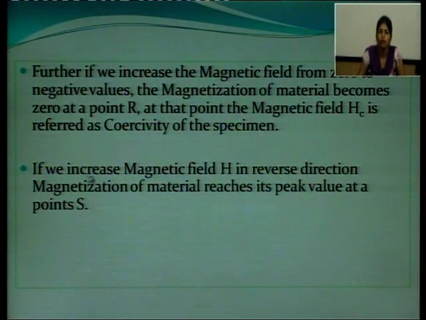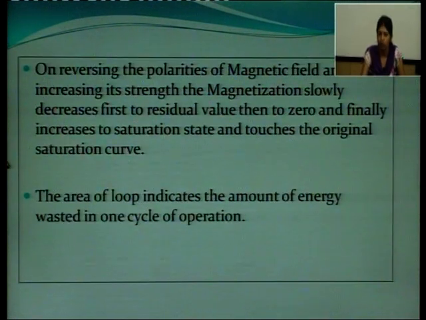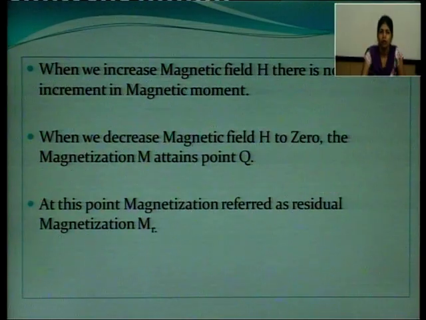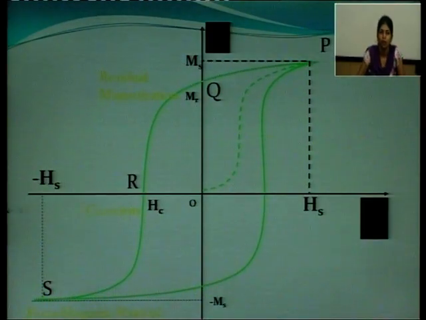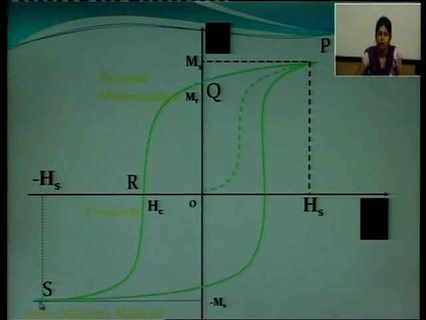Now, if we increase magnetic field H in the reverse direction, the magnetization of the material reaches its peak value at a point S. If we again increase the value of H, the saturation point is achieved again, but in the negative direction.